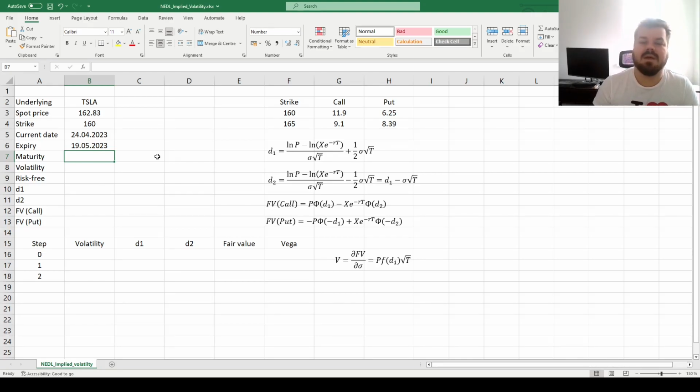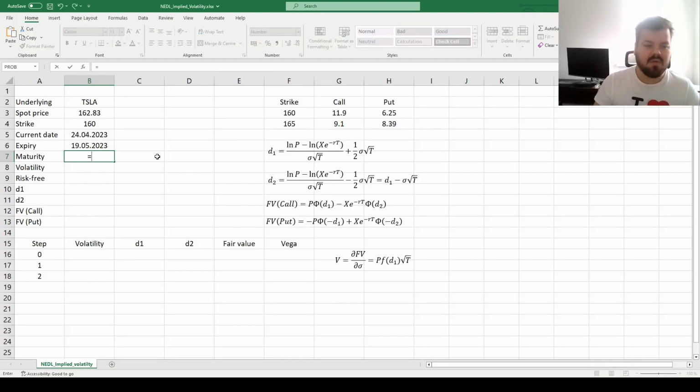Therefore, we can plug in all of the parameters that are known, apart from the volatility of the underlying, assume that the Black-Scholes model correctly prices the option, and figure out the only unknown variable, which is the volatility. Basically, implied volatility is the level of the volatility of the underlying that makes Black-Scholes valuations fair.